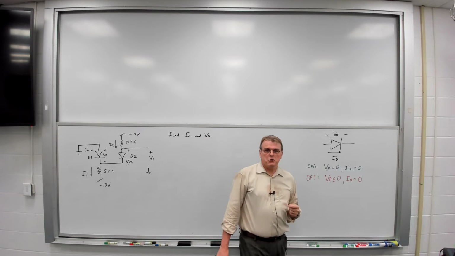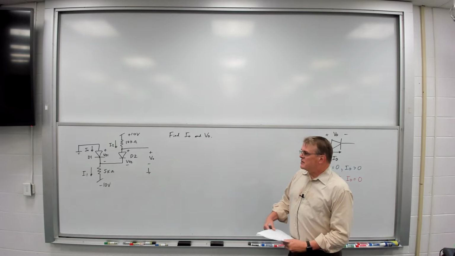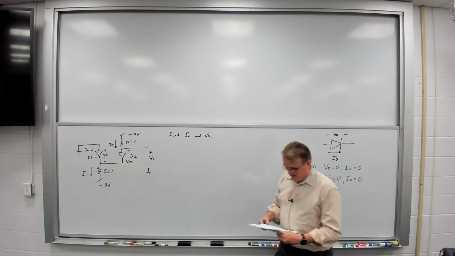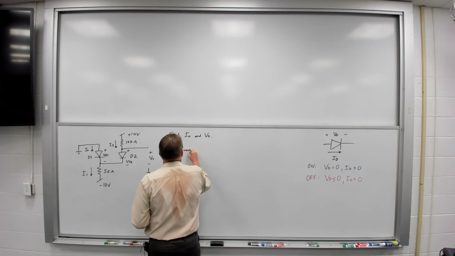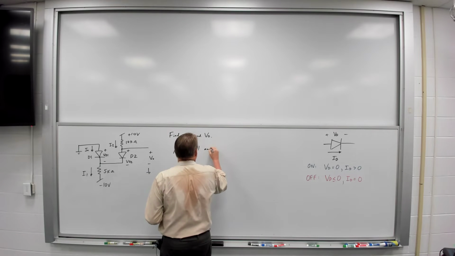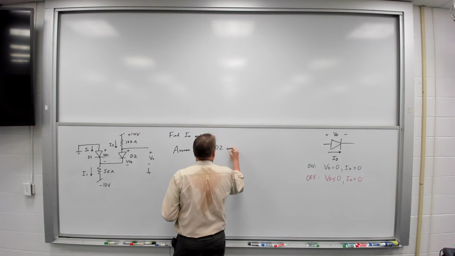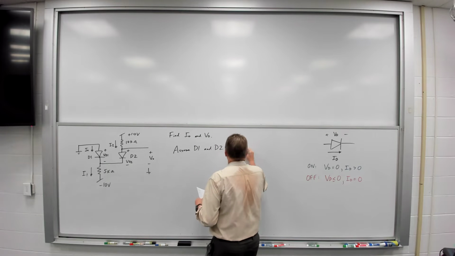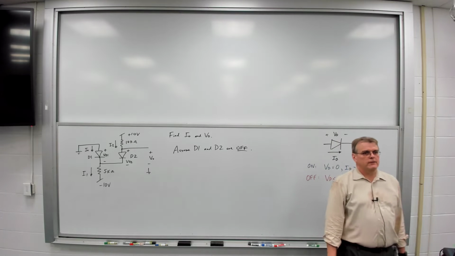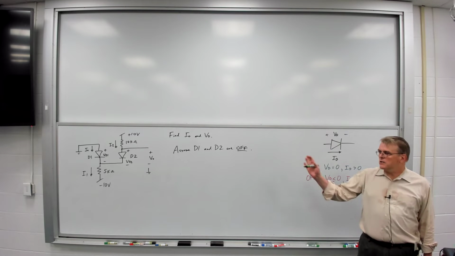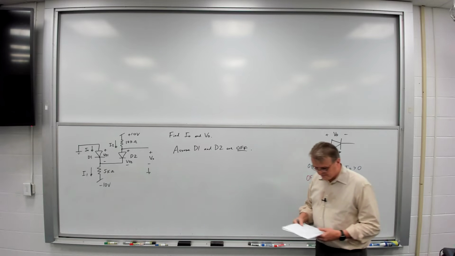That's what we need to check for the circuit. So let's make an assumption. I could start anywhere, but I'm going to start by assuming both the diodes are off. Now let's solve this circuit.